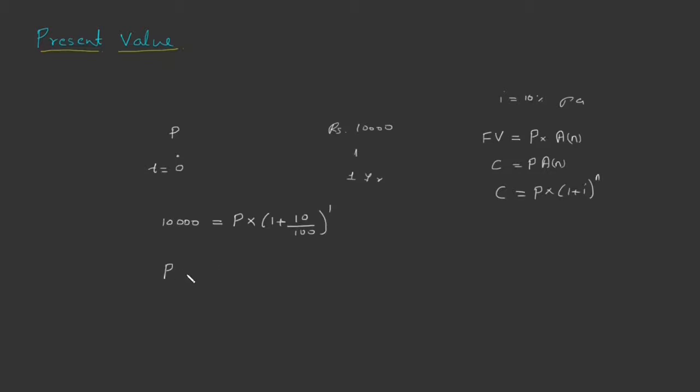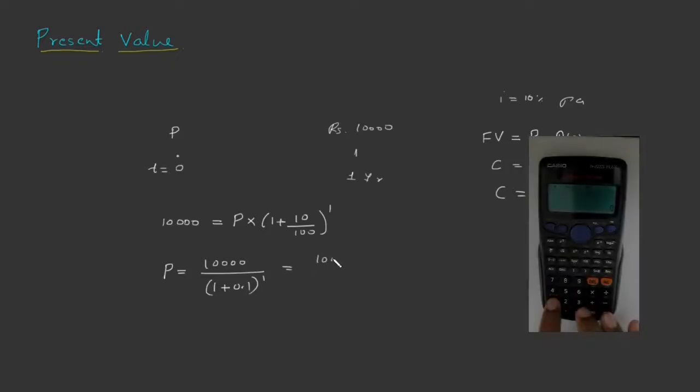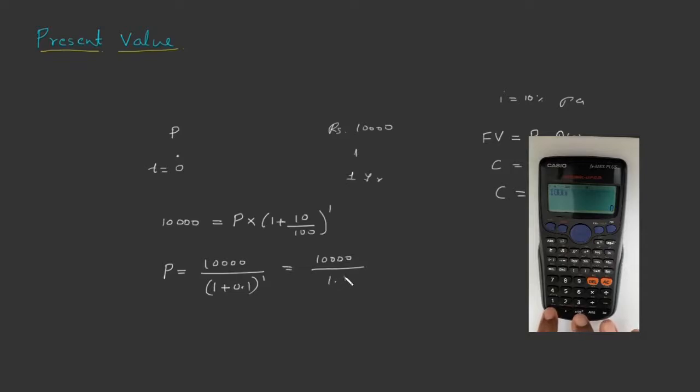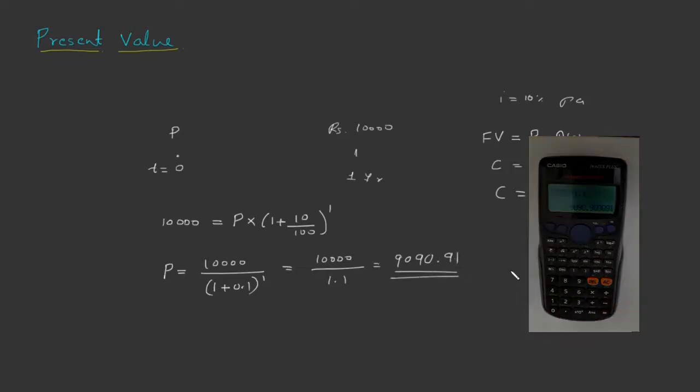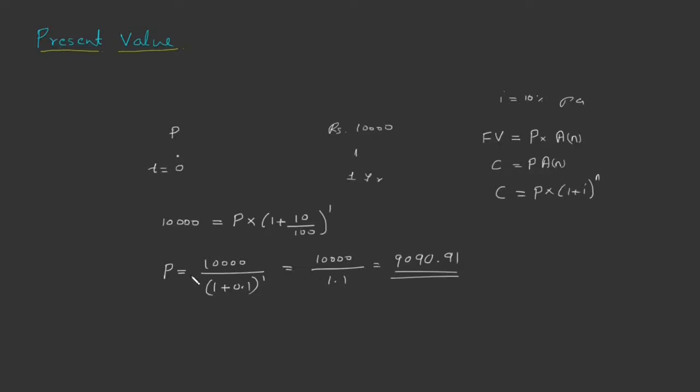This can be written as P equal to 10,000 divided by (1 plus 0.1) the whole raised to 1. That is equal to 10,000 divided by 1.1, that is equal to 9090.91, rounding it off. What this means is that if I invest an amount 9090.91 at time t equal to 0, then it will accumulate to rupees 10,000 in 1 year.